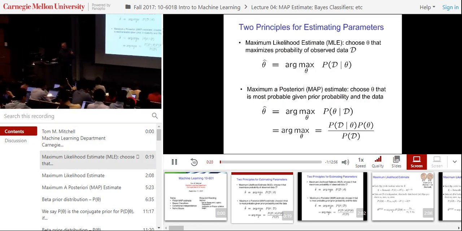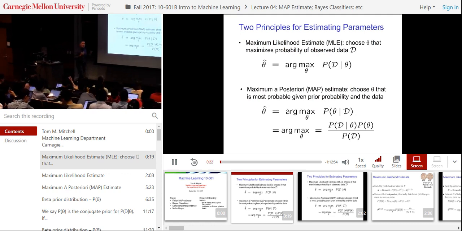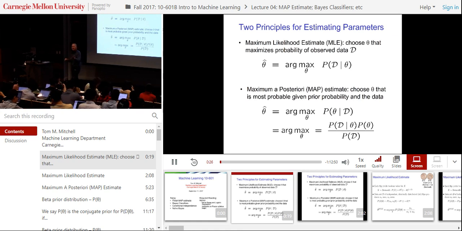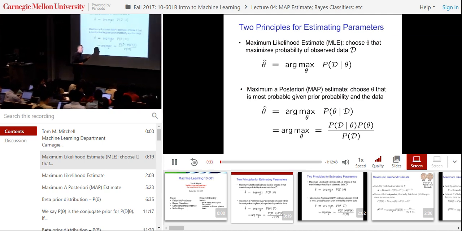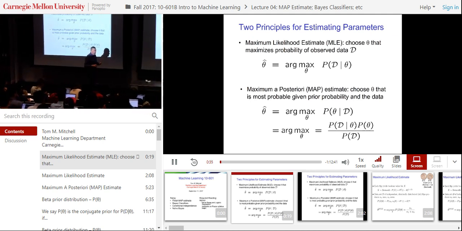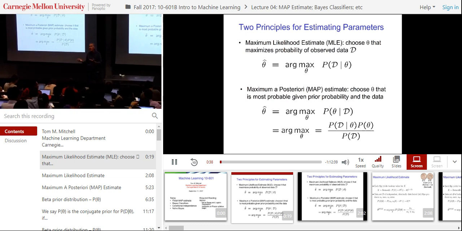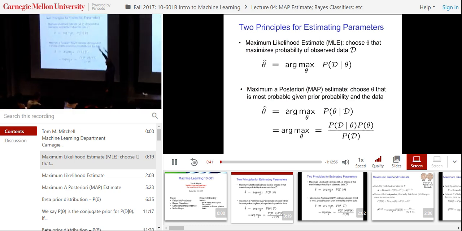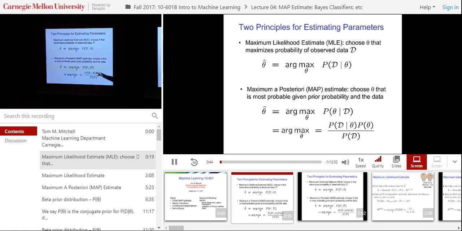Let me begin by a quick review and mention some terminology that covers the discussion that we had last lecture. We were talking about the question of how to use data to estimate probability terms. And we talked about two particular approaches to doing that.